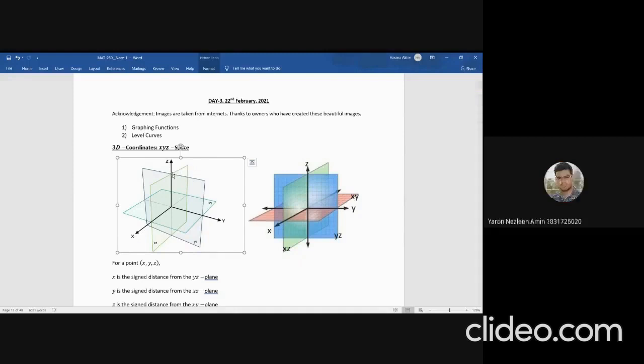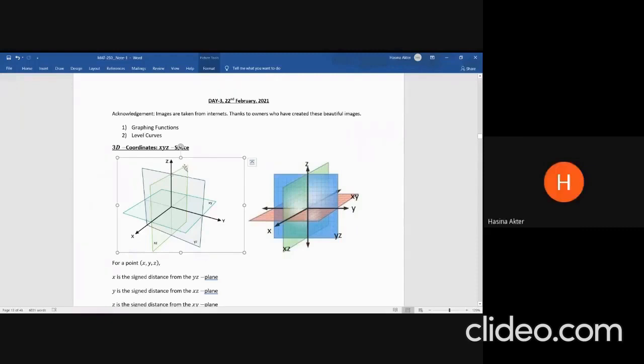3. Are you sure it's 3? Isn't it 4? 1, 2, 3, 4. Right? Yes, ma'am. And what is the set of intersection between this?